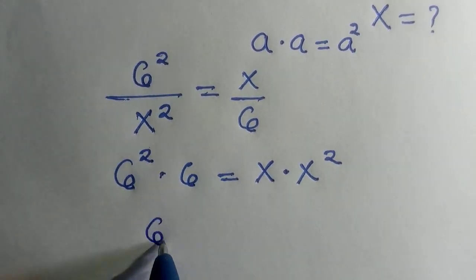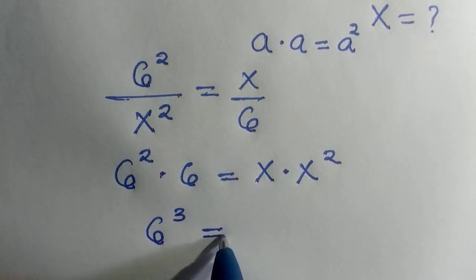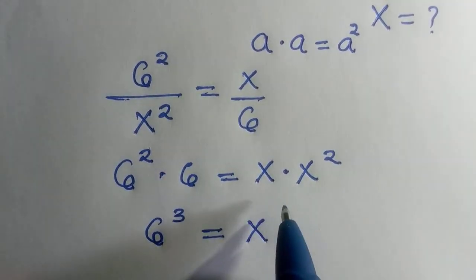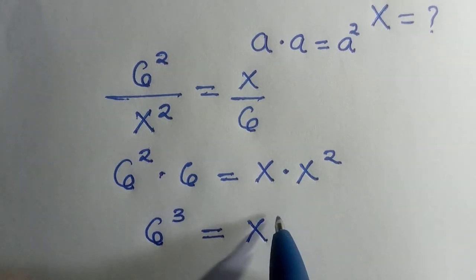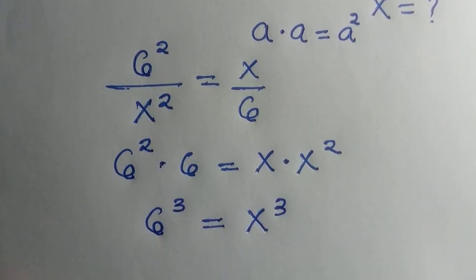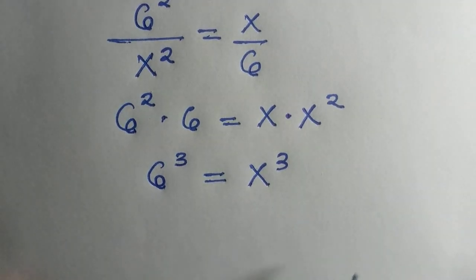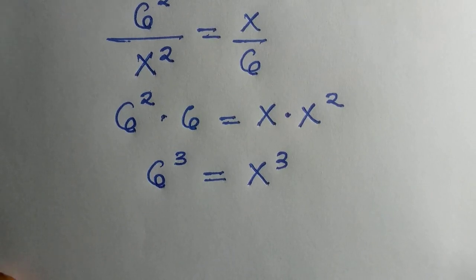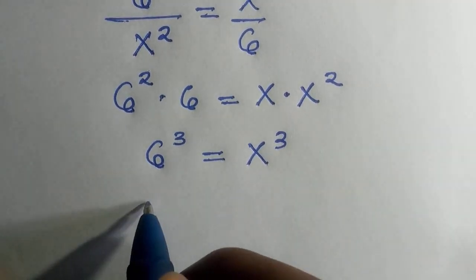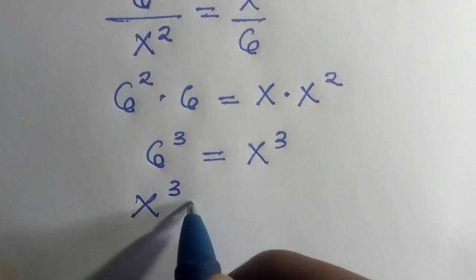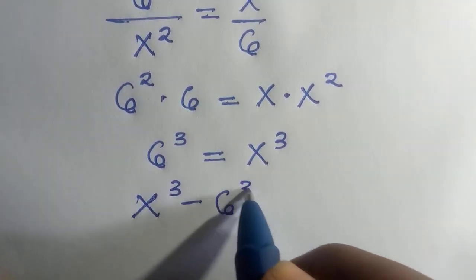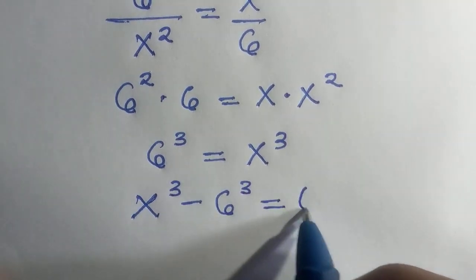We have it as 6 to the power of 3 equals x to the power of 1 multiplied by x to the power of 2. We have it as x to the power of 3. Then when we take 6 to the power of 3 to the right hand side, it becomes minus, and the whole of this is x to the power of 3 minus 6 to the power of 3 equals 0.